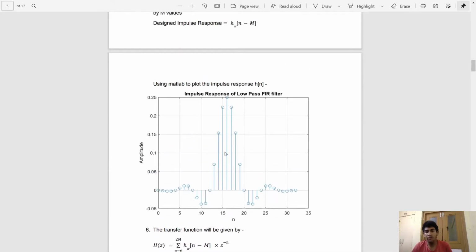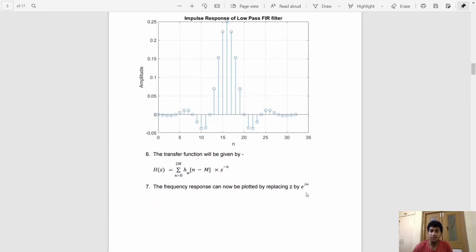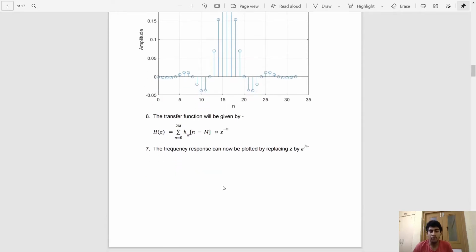We can easily calculate the transfer function by taking the definition of the Z transform, and we can also find the frequency response by replacing z by e raised to the power j omega, or by taking the DTFT.